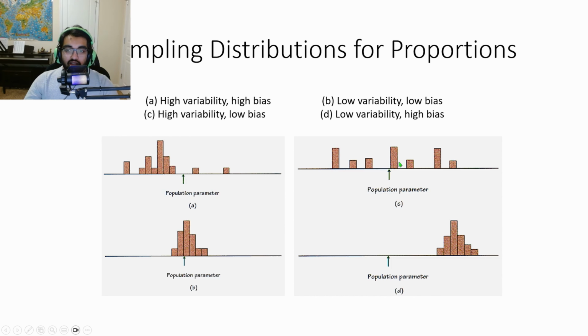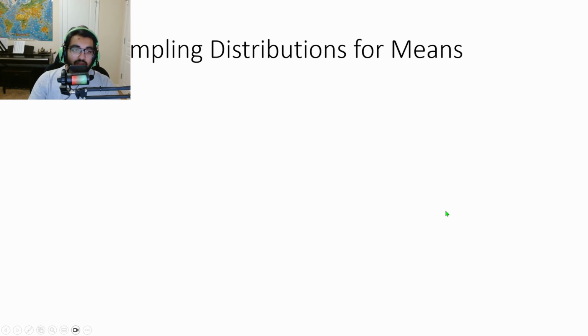And over here, there's a high variability and a low bias because it correctly centers here, but there is a large spread, which makes it a little bit harder to work with. And over here in figure D, there's a low spread but high bias. This is nowhere near the true population parameter, meaning the samples are clearly not being taken correctly, as we can most likely assume.